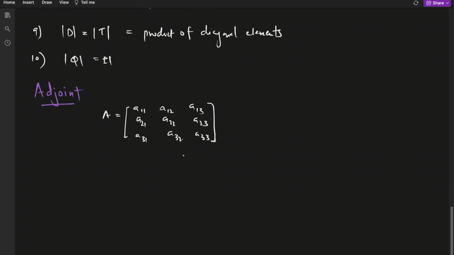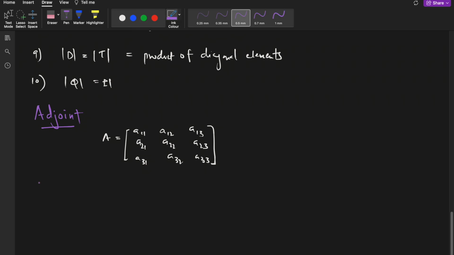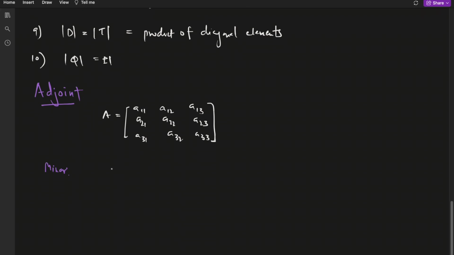We will first see what minors are, because minors and cofactors are used while calculating adjoint. What is minor M11? You simply remove the row and column at location 11.